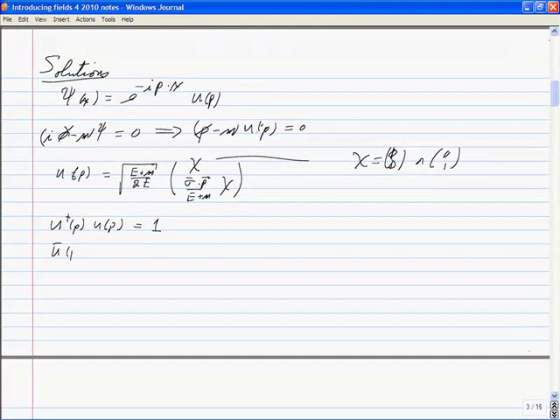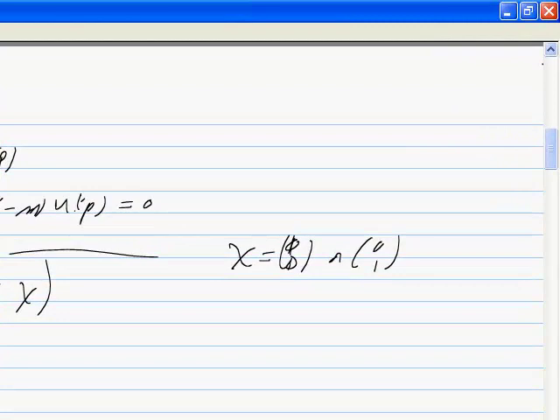And u bar of p, u of p equals m over e. Yes. u is a column, that's right. So here are the 4 components: 1, 2, 3, 4.